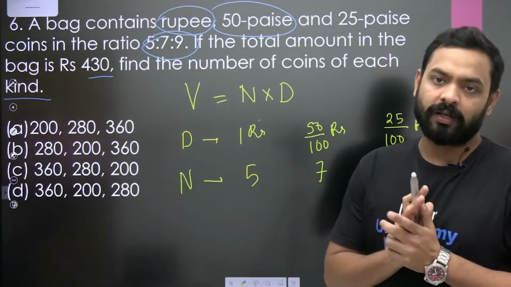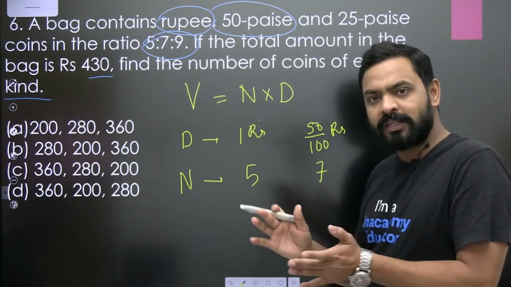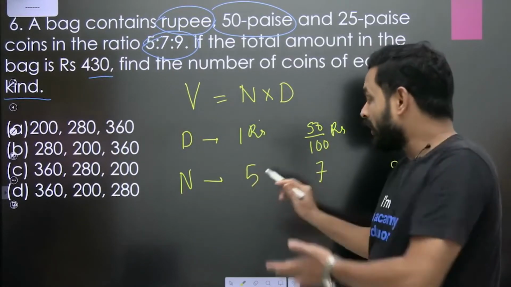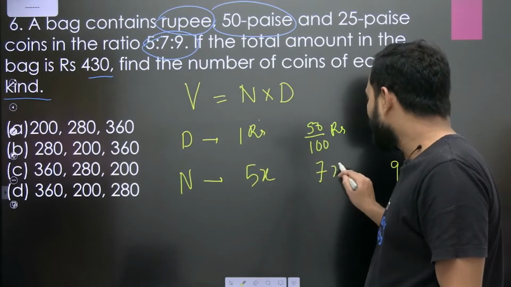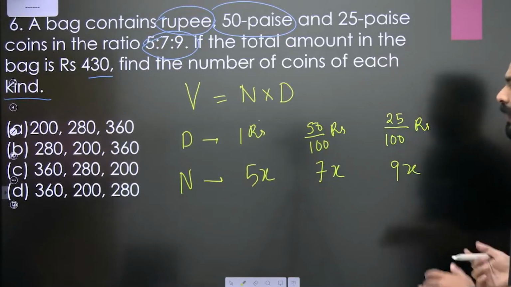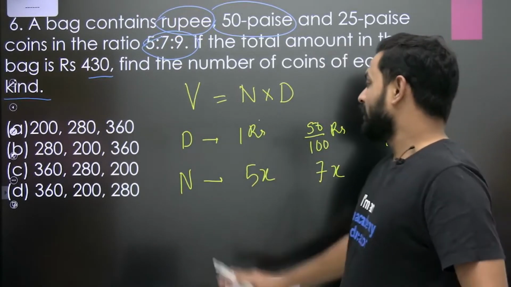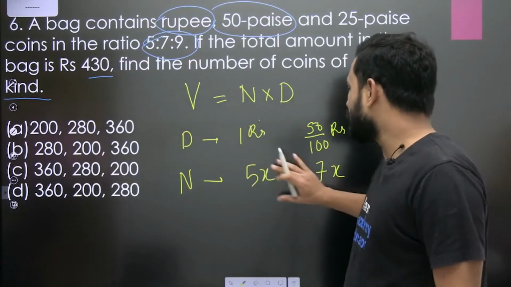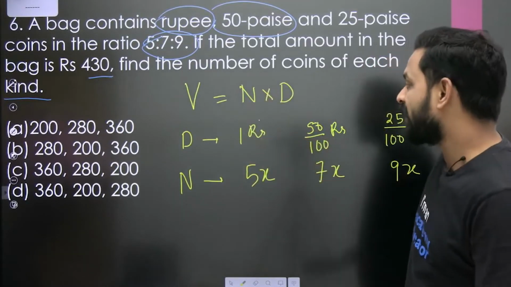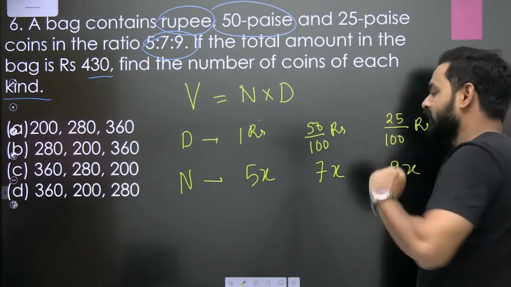That's not the actual number. It will be a multiple of this, so let me take the common factor to be x. I will come up with the shortcut as well. I have converted each denomination to equal units, rupees.